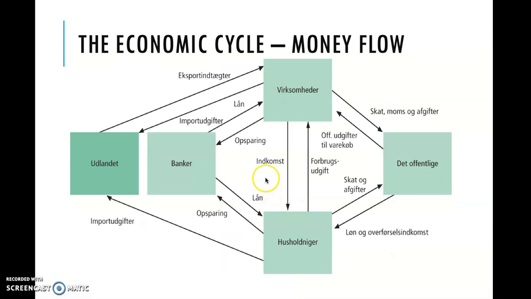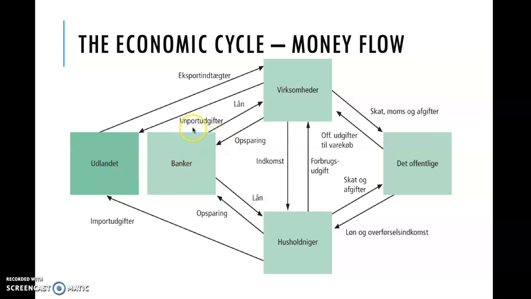If you look at the money flow, we have the export income going from abroad to the company. If, for example, Danish Crown sells bacon to the UK, that will bring money from abroad to the company. Then the company, of course, will probably also buy a service or something abroad.